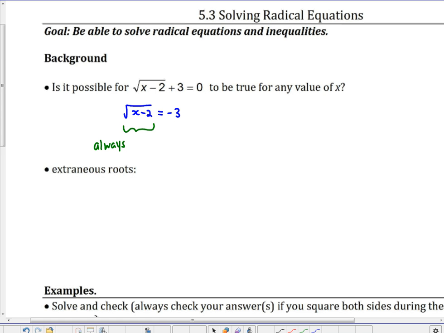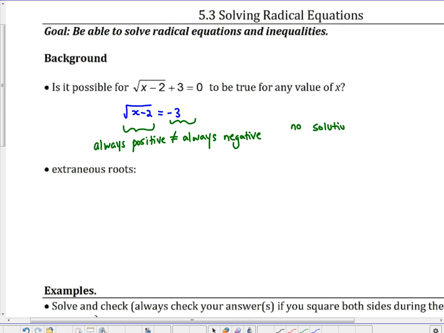No, unless there is a negative sign in the front. So this is always going to be positive. Negative 3 is always going to be what? Negative. So therefore, can they equal? Never. So there's no solution here.